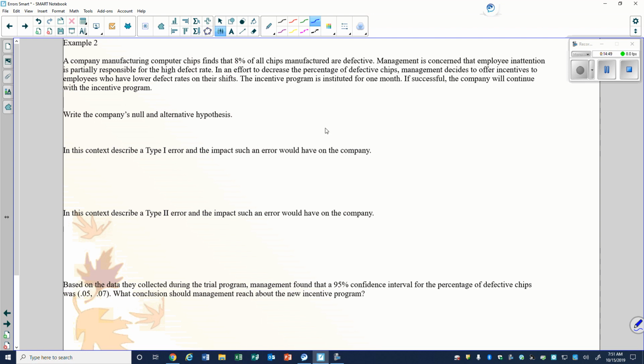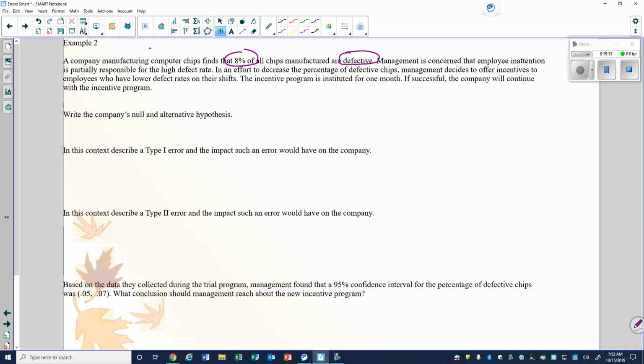We won't go through the whole test, but we have a company manufacturing computer chips, and they find that 8% of all the chips manufactured are defective. So this is kind of what we know from the very beginning of the problem. Management is concerned that employee inattention is partially responsible for that high defect rate.